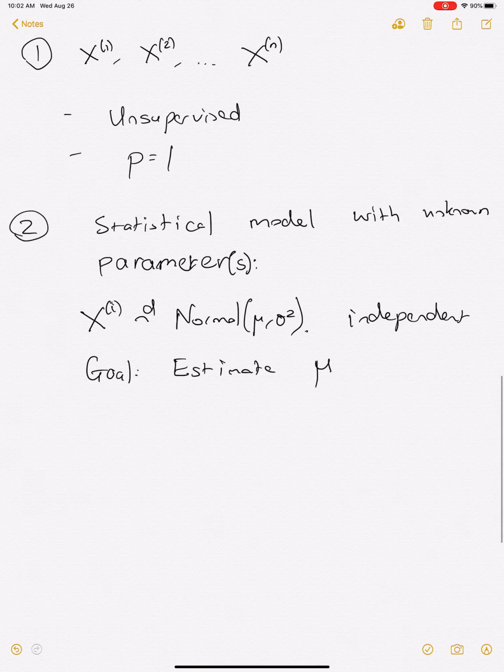And so the goal here is to estimate mu. So I should say we have n independent samples of a normal with mean mu and variance sigma squared. The goal is to estimate mu.